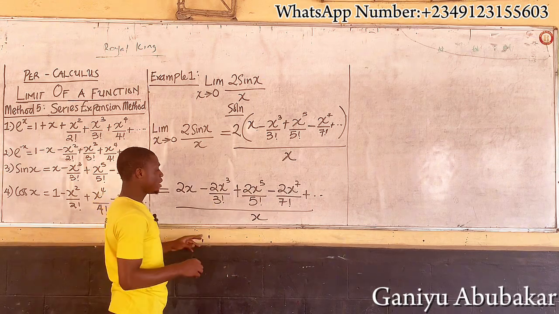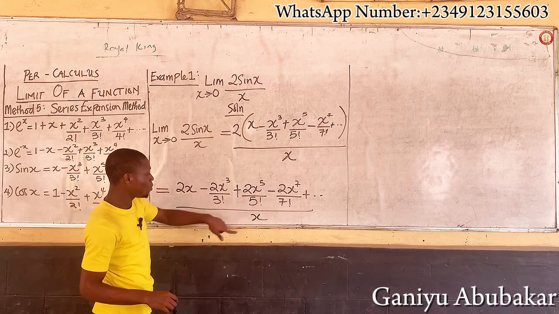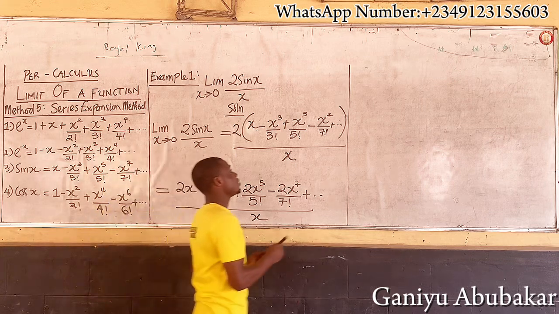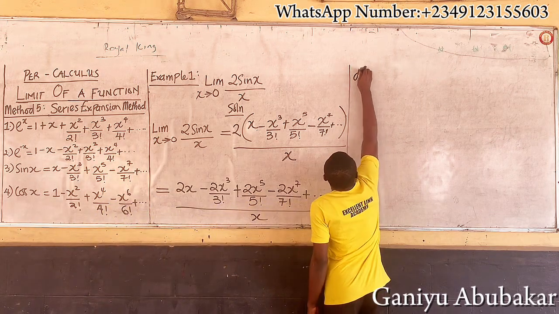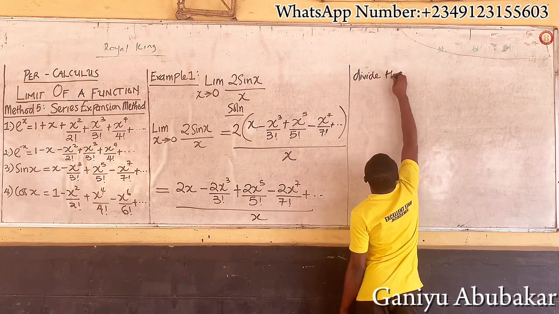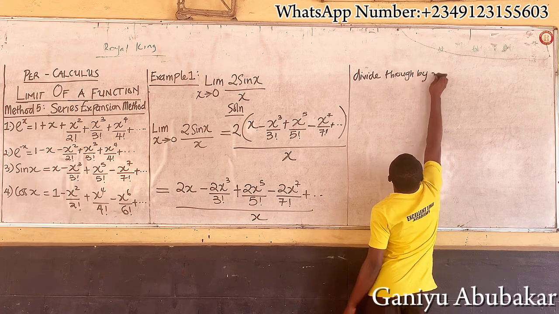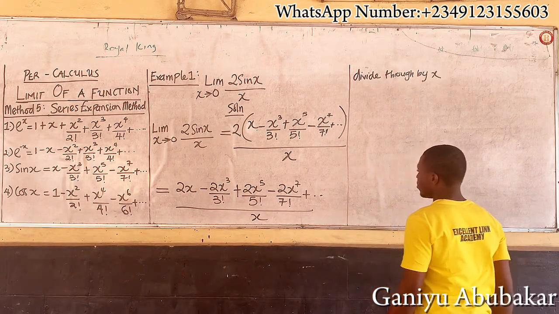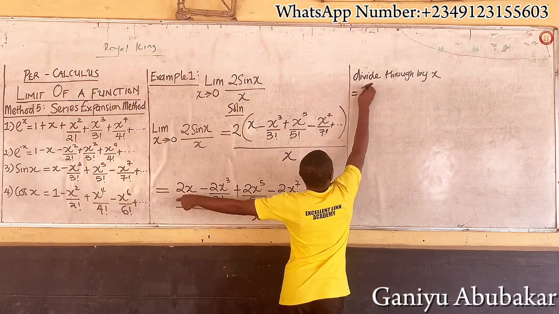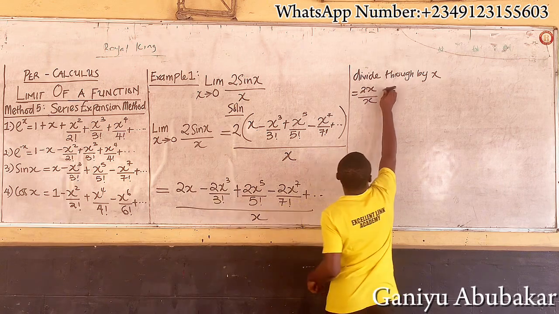The task is that I don't want to have a fraction, so I will divide everything by x. From here, divide through by x. What do I have? 2x over x, I'm done.